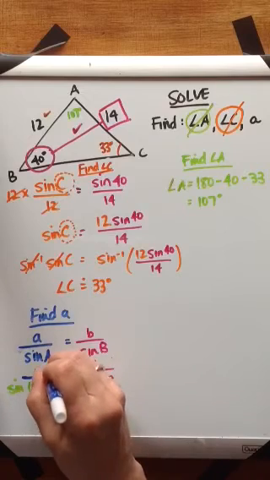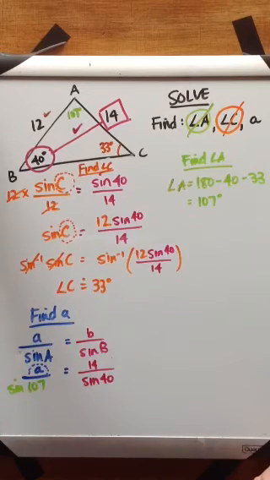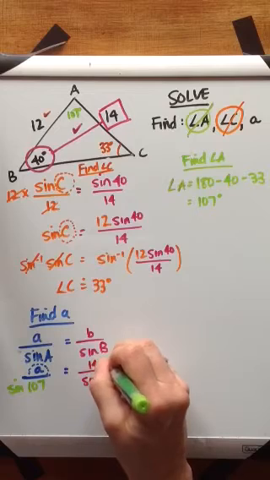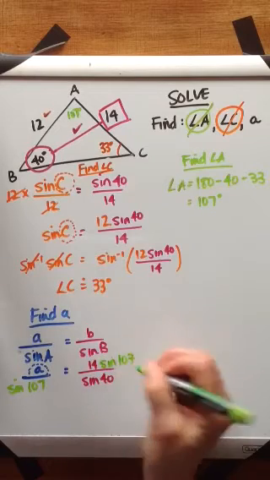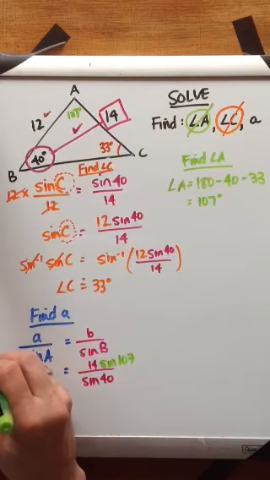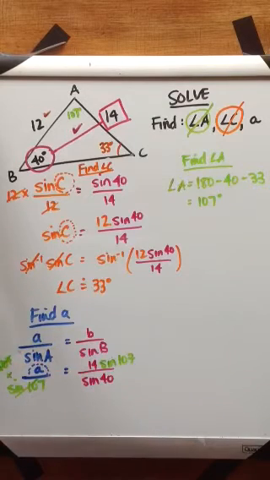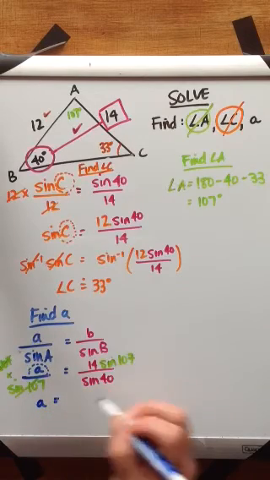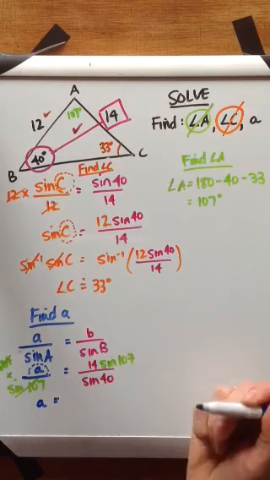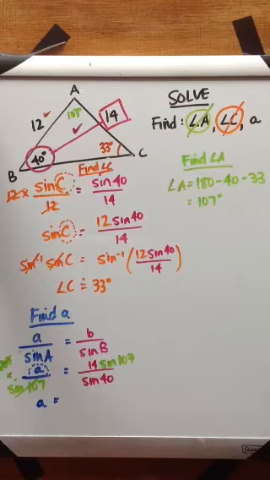Now, to solve for little a, we have this divide by sine 107 going on. So if we want to get rid of it, we have to multiply both sides by sine 107. So I can put times sine 107 out here. Those cancel. So little a is equal to 14 sine 107 divided by sine 40.